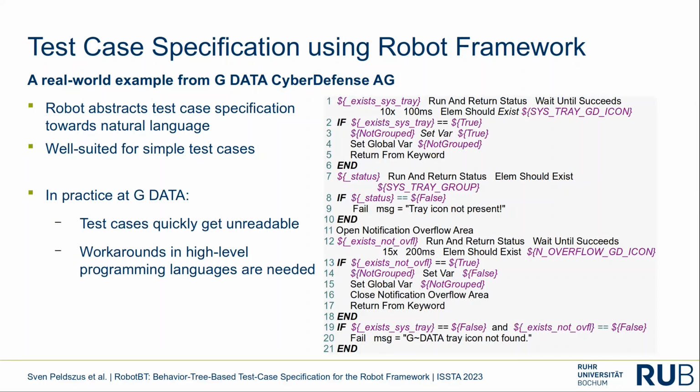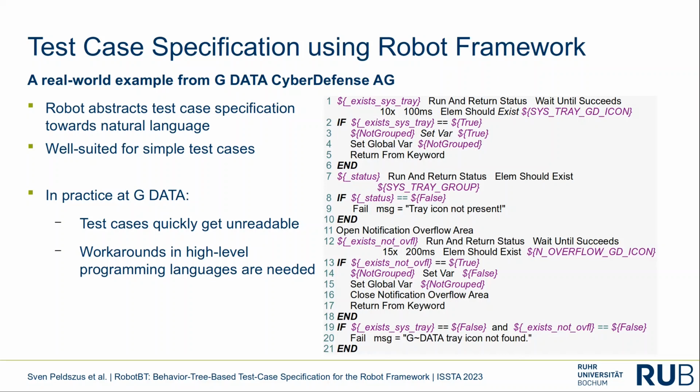However, when we look at practice, especially at G DATA, we notice that Robot test cases quickly get unreadable, and G DATA had to come up with a lot of workarounds where they implemented a lot of logic in high-level programming languages such as Python or Java to avoid having the complexity in the Robot test cases.